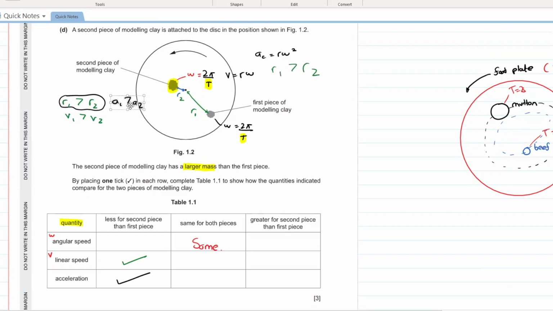Hence, your acceleration will also be greater for 1 compared to acceleration for 2. Simple as that, nothing complicated here. You can say there is no big deal here. Okay, sir. Perfect है. चलो, let's further move ahead.